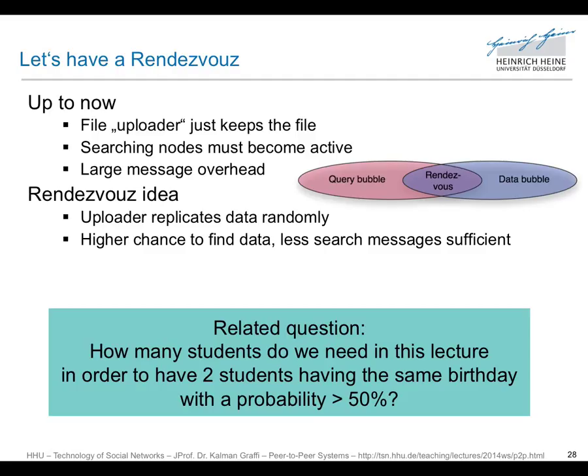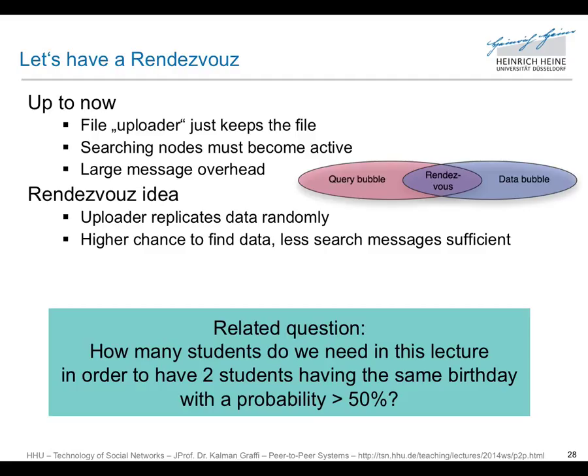No. So how many possible birthdays do we have? 365, let's say. And we can calculate the probability that the first, so let's say we have an empty room and a new student comes in. What's the probability that he has a unique birthday, different from someone before?